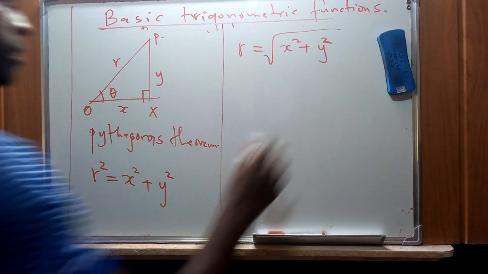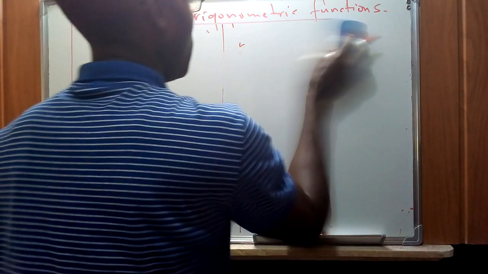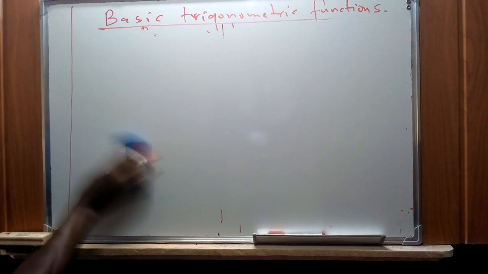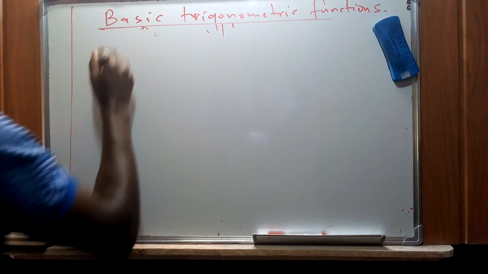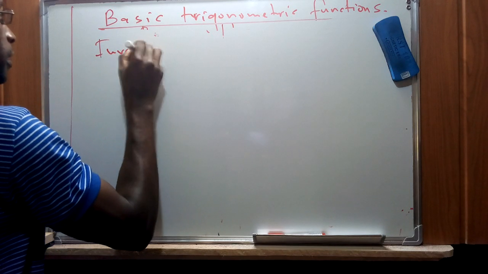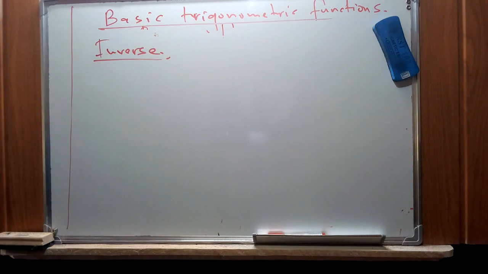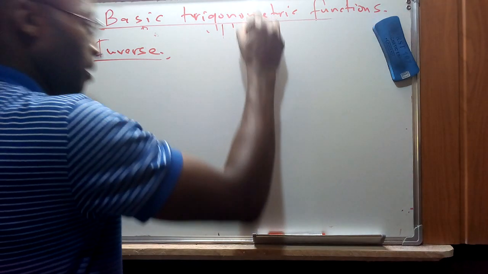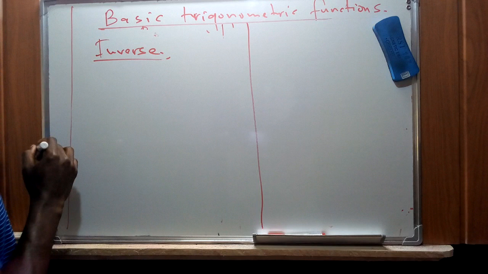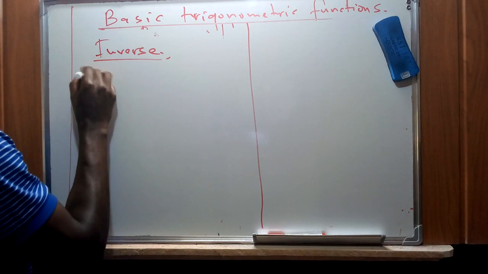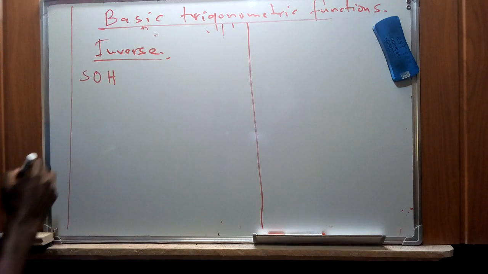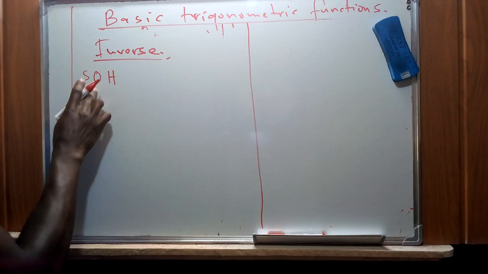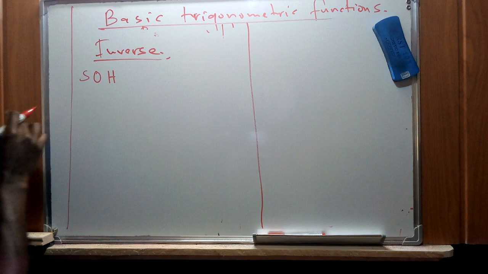Now we're going to see the concept of inverse trigonometric functions, just an inverse of the basic trigonometric functions that we have listed. An inverse can roughly mean opposite, but in this case there's a relationship. We can give an acronym for the three trigonometric ratios: sine of theta is opposite over hypotenuse, whereby O implies opposite and H hypotenuse respectively.